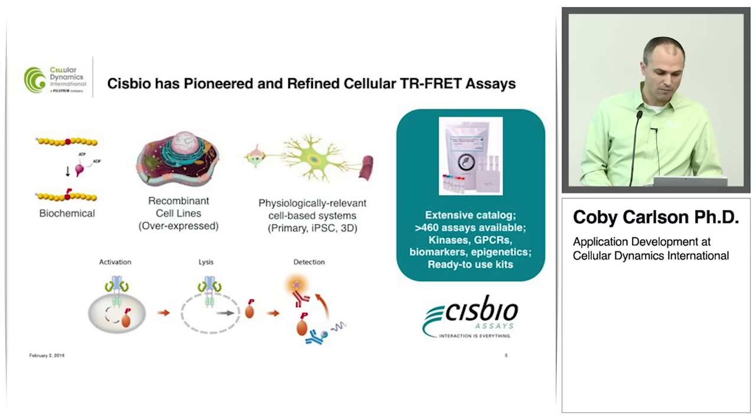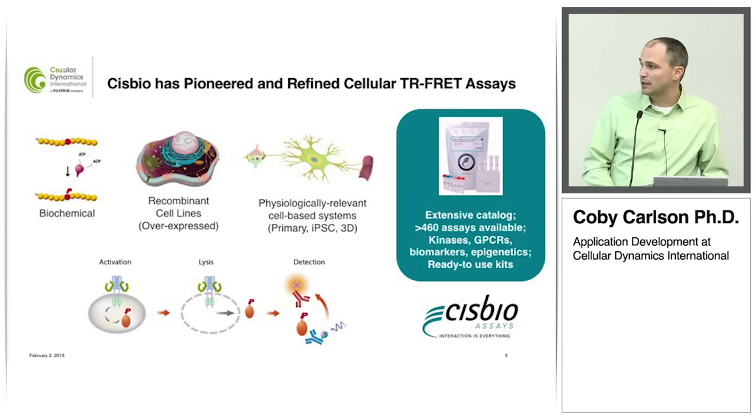And starting at a biochemical level, probably at the beginning, then working on a lot of the data with recombinant cell lines and overexpressed systems, which are very valuable and powerful in their own right. But now getting into what is considered more physiologically relevant cell-based systems, whether it's primary cells or stem cell-based or 3D models, however it is.